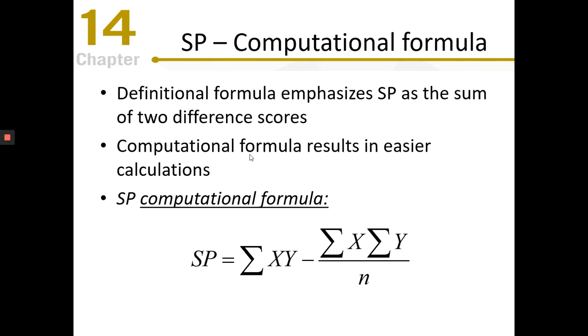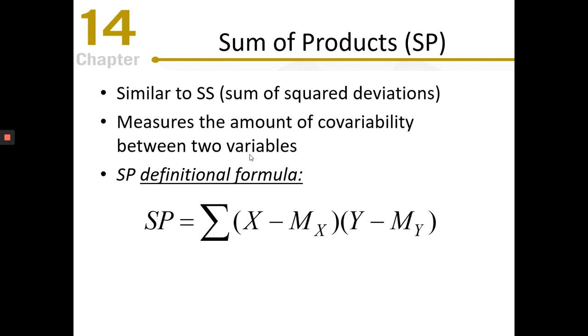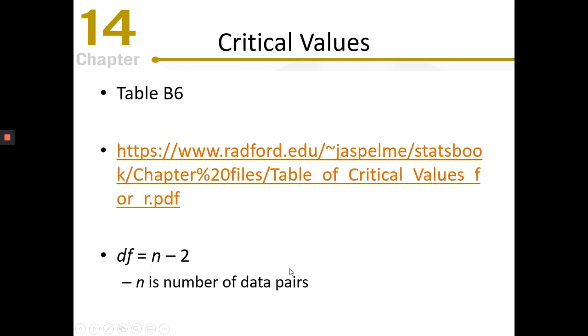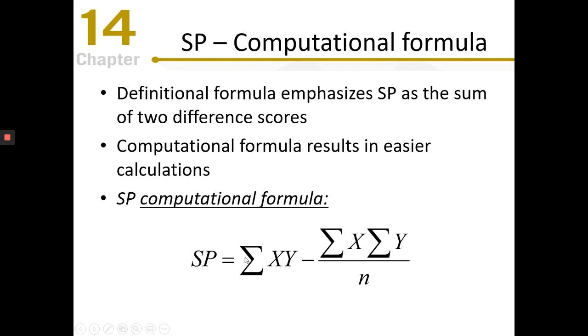Luckily, we don't have to do that. We can just do a computational formula. This definitional formula would take a lot longer. This is easier, so this is how we're going to do it in our problems. For every person, we're going to multiply their score on x by their score on y, and then add it for every person.